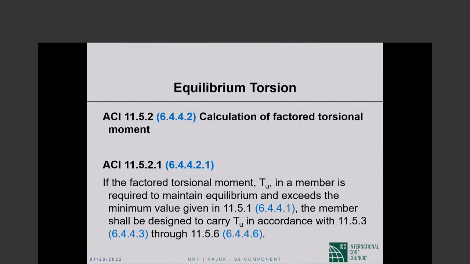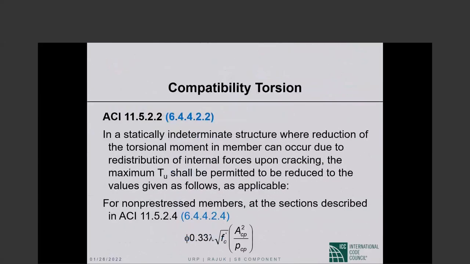Okay, if the factored torsional moment T sub u, this is the required strength, this is the applied torsion, is required to maintain equilibrium and exceeds the minimum value, the threshold torque, the member shall be designed to carry T sub u in accordance with the section referenced.